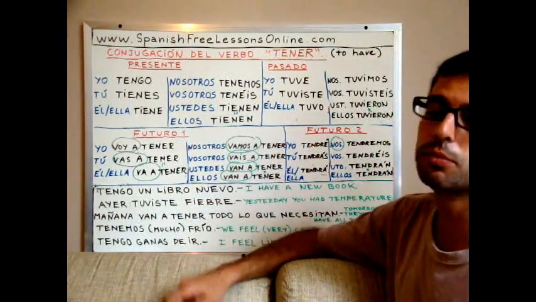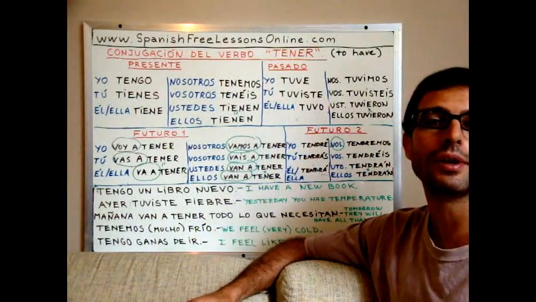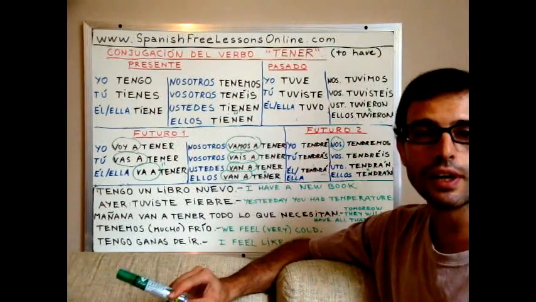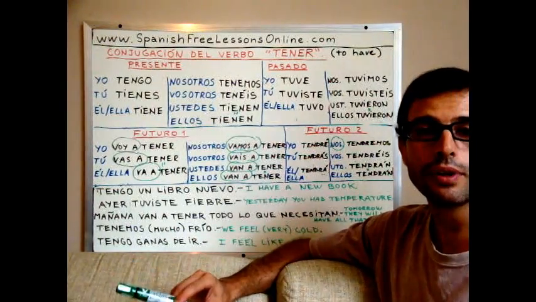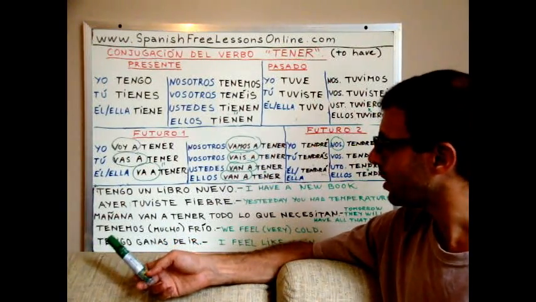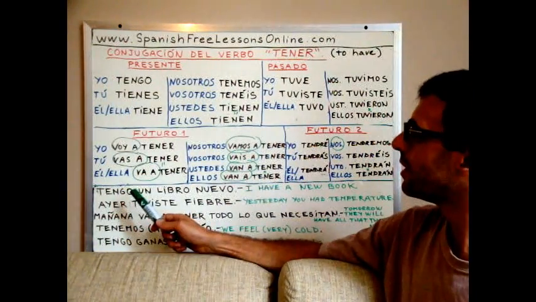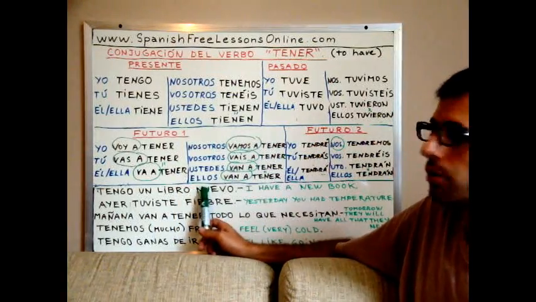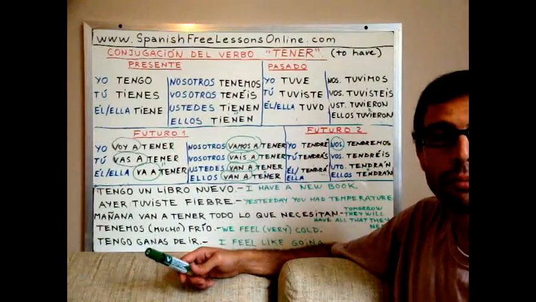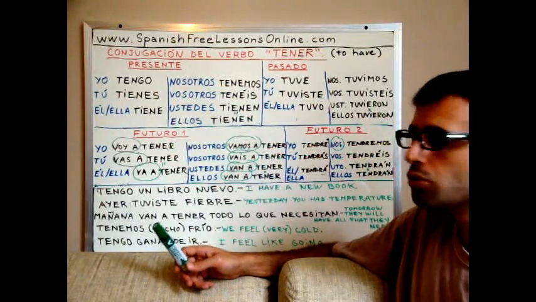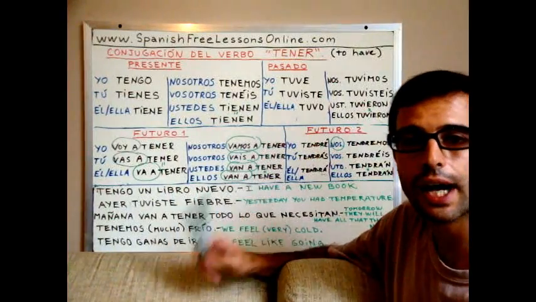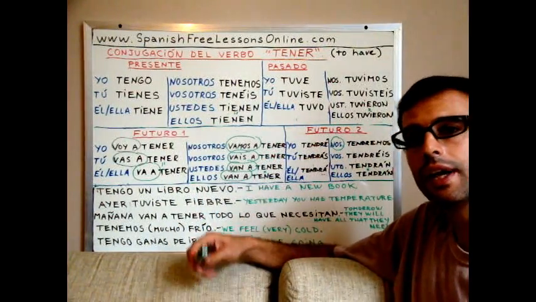Remember that in Spanish, we usually first say or write the noun and later comes the adjective, right? It would be correct if we said tengo un nuevo libro, right? In the same order as in English. Un nuevo libro. But it's usually said libro nuevo. First the noun and later the adjective.